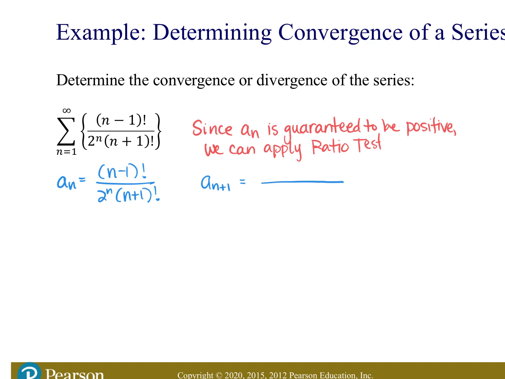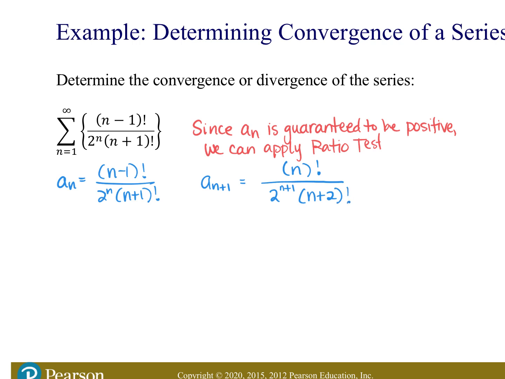N plus 1 minus 1, so just n. Yep, I just get n factorial. Okay, Alex, add 1 to the different n's in the denominator. Okay, 2 to the n plus 1, all right? Yeah, n plus 1 plus 1, so n plus 2 factorial.